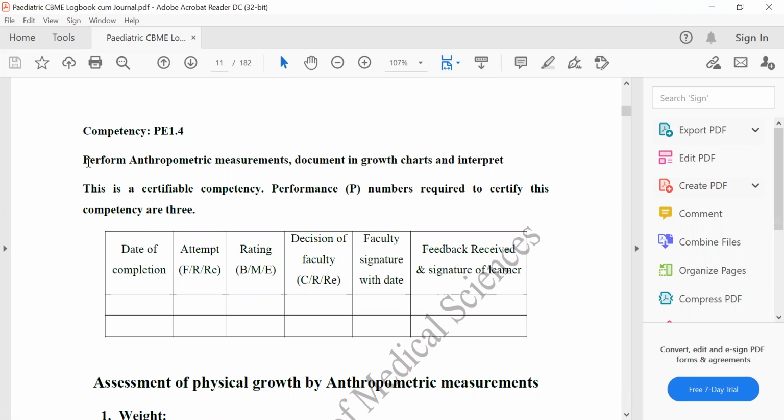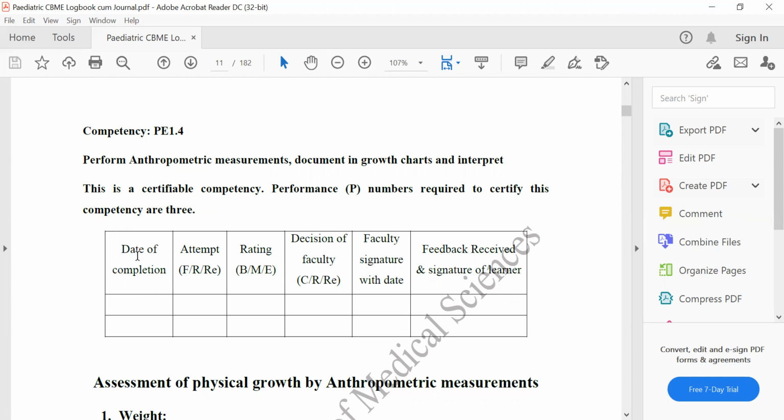And for the 23 certifiable competencies, I have mentioned the line that this competency is a certifiable competency, and also the performance number which will be required to certify this competency is 3. So a student has to perform this competency at least 3 times, then only we will certify.